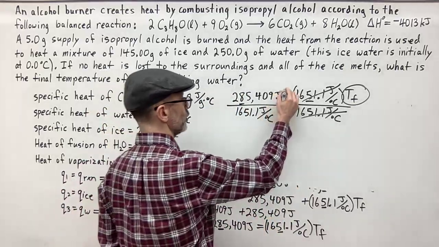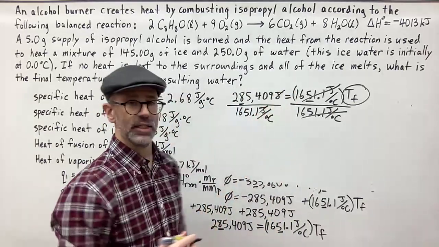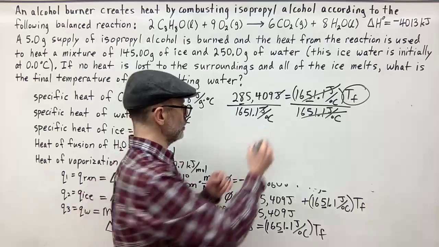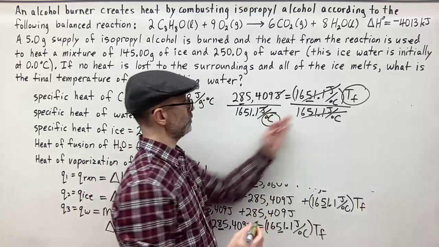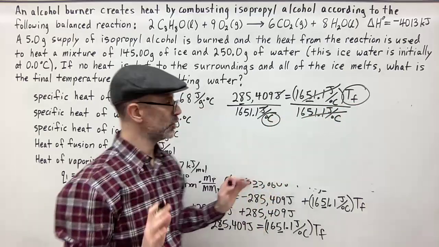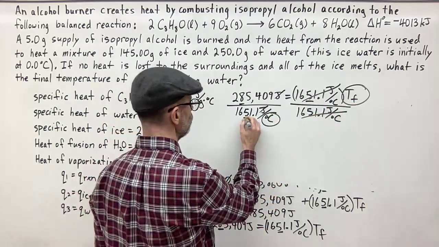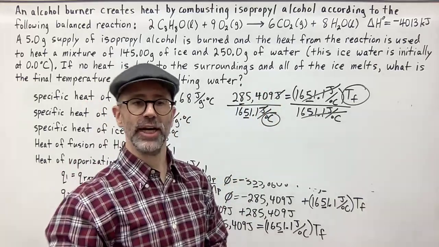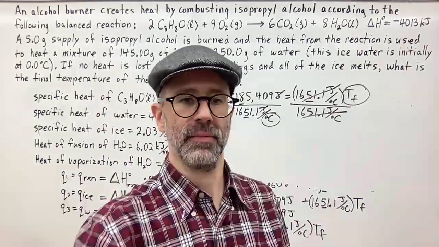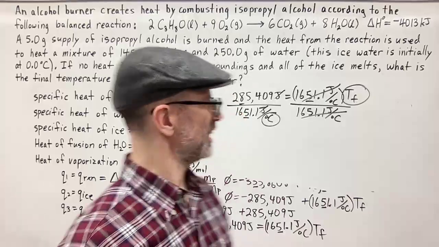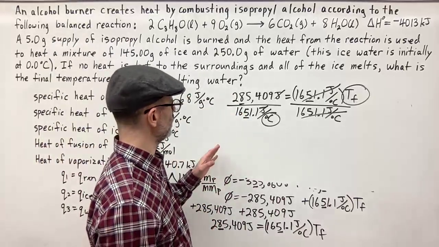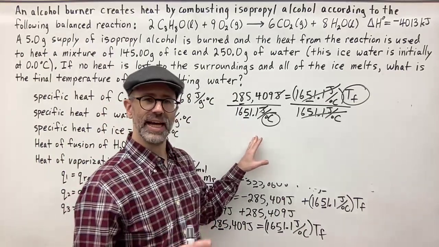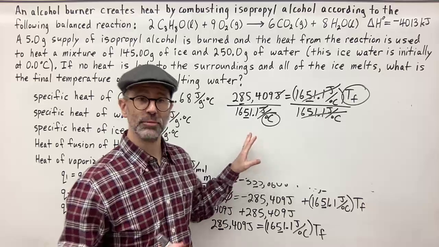And joules are going to cancel out, leaving me with degrees Celsius. Degrees Celsius is a unit of temperature that matches. Everything looks good. So now all I need to do is divide this by this. And when I do that, I get 171.72 degrees. Okay, so I made a mistake and I just realized what my mistake is.